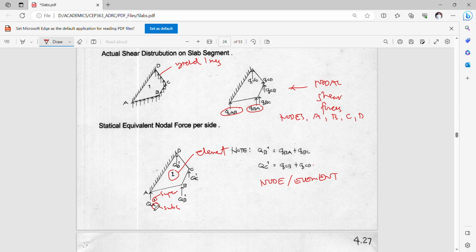So QA1 pertains to the shear force at node A contributed by element 1, and so on and so forth: Q at node B from element 1, Q at node C from element 1, and Q at node D for element 1.